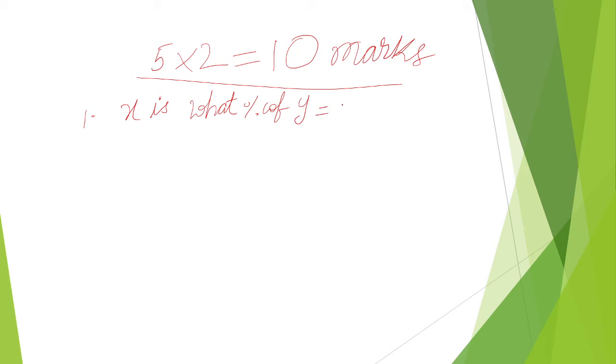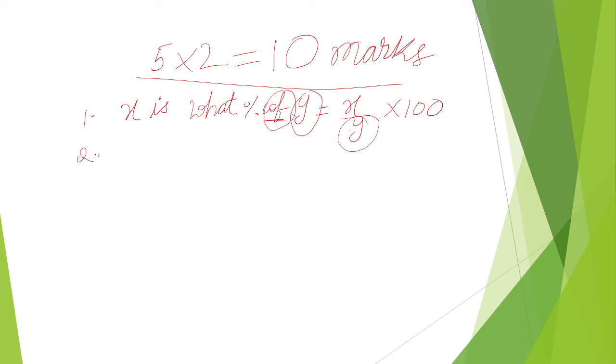That is solved as x by y into 100. One trick to remember this: whatever is coming beside the word "of" will come under the denominator. So x is what percentage of y means x by y into 100.